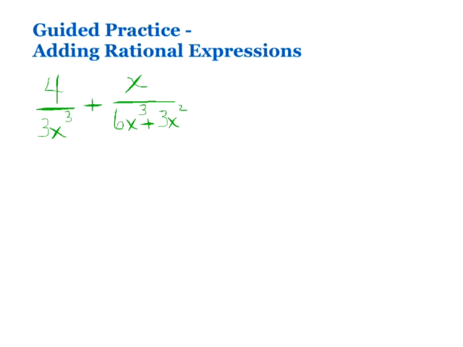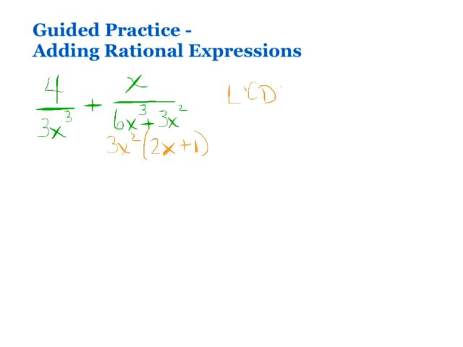Alright, so for the answer, we're going to start by finding our LCD. The 3x cubed does not need to be factored, but the 6x cubed minus 3x squared can be, which will be 3x squared times 2x plus 1.